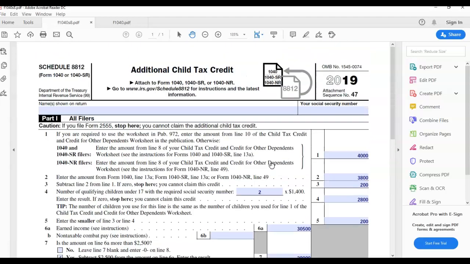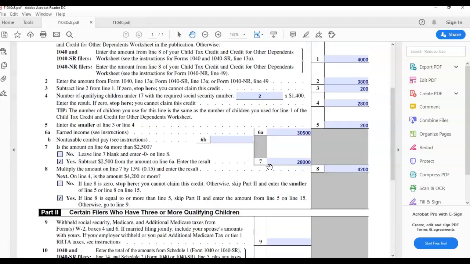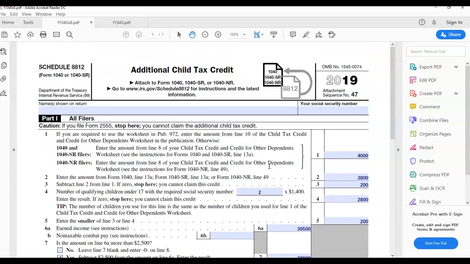And so that's how it works when it comes to this form. The $4,000 in credit that they could have used, they couldn't use because the tax liability was only $3,800. So the balance left over, the IRS gives to them as an additional tax credit down below on the form, so they can utilize the full credit in general.